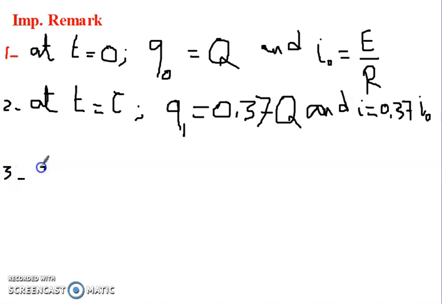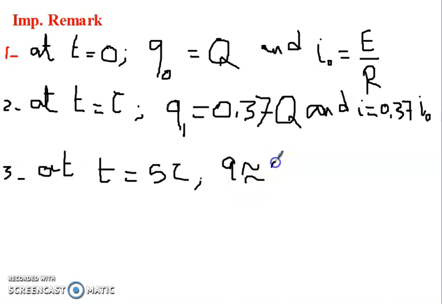0.37. At T equal 5 tau, practically you can verify that the Q approximately 0 because exponential minus 5 is about 0 and I approximately 0.